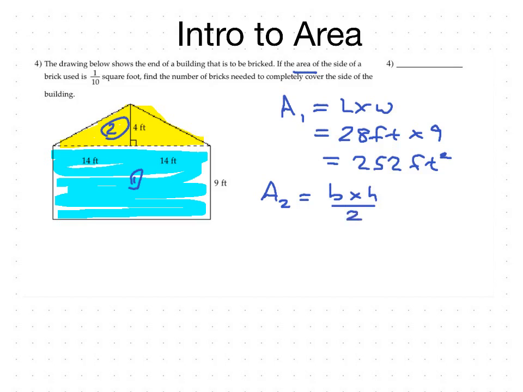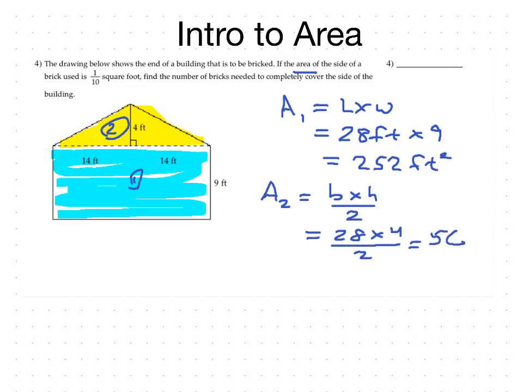If I do the big triangle, it would be the long base, which would be 28, because it's 14 plus 14, times the height of 4, and the formula says divided by 2. So 28 times 4 divided by 2 is going to give you 56.